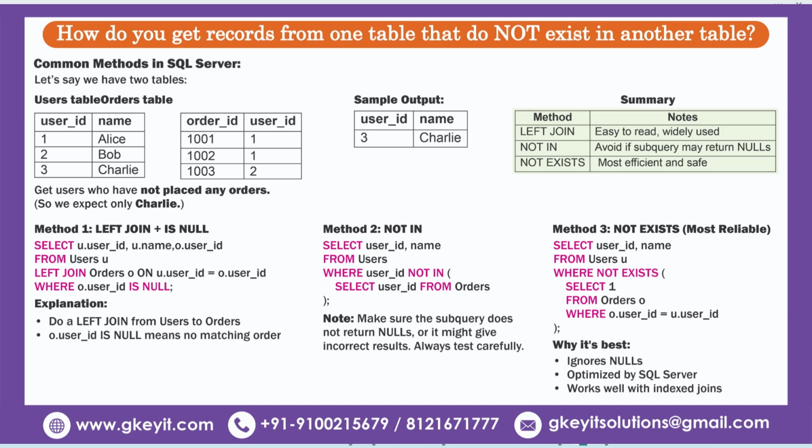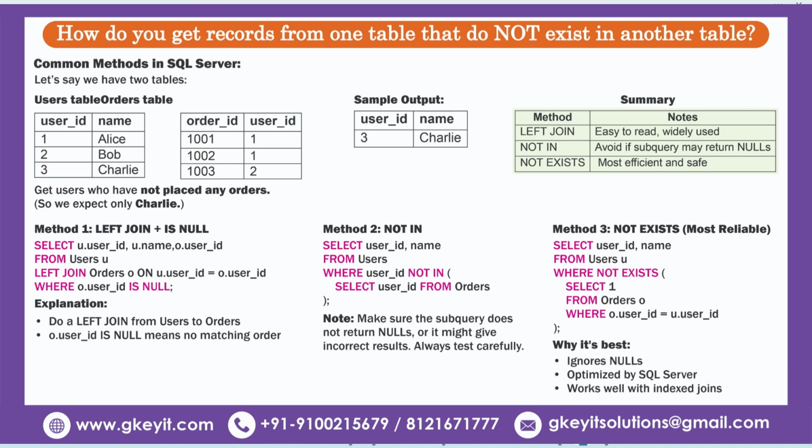With not in, avoid it if the subquery may return nulls. In that kind of scenario, we have to use not exists. It is the most efficient and safe way to get better results.